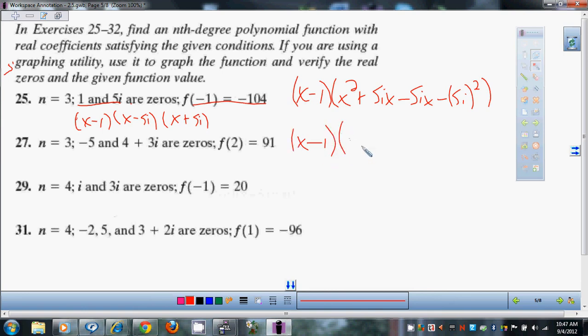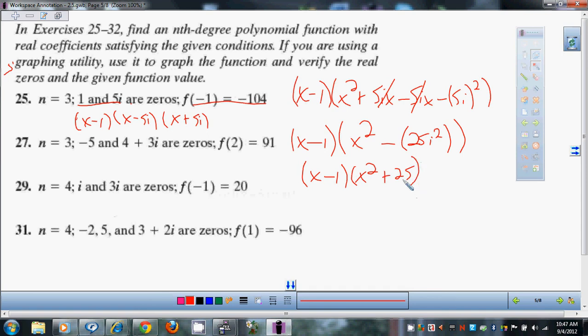What cancels? That's right. Very good. This is going to be minus 25i squared. What's i squared? Negative 1. So that's minus a negative 25, which is the same as plus 25.